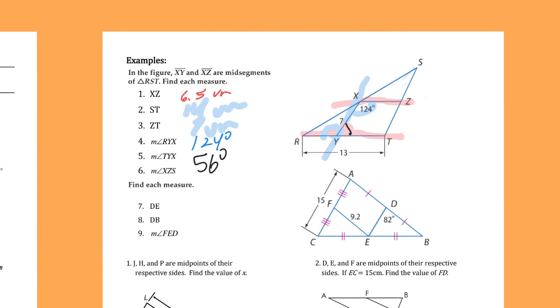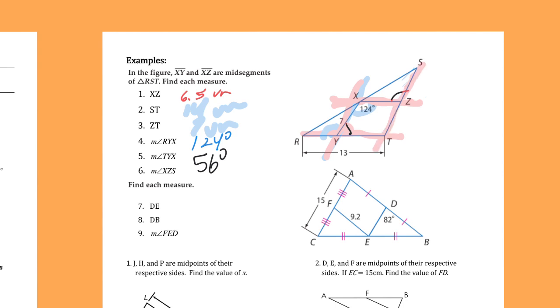The next thing is XZS up here. I can see that. Do you see that we have parallel lines? We've got a transversal here, and then we also have these two lines that are parallel to each other.